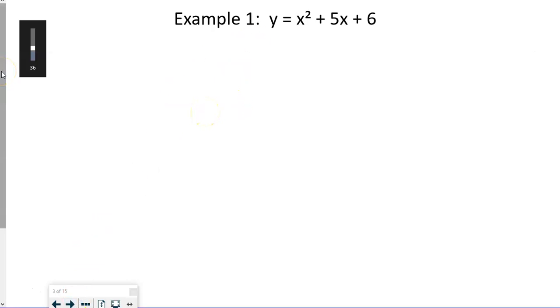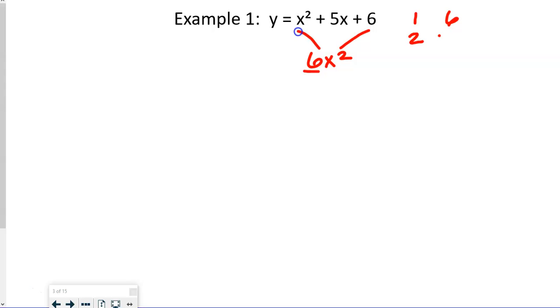So our first step is going to be to multiply the first and the last terms together. So we're going to multiply 6 times x squared. Then we're going to talk about the factors of 6. So we're going to say 1 and 6, 2 and 3. Those are the factors of 6, right? Now we want to ask ourselves which factors of 6 add up to positive 5.